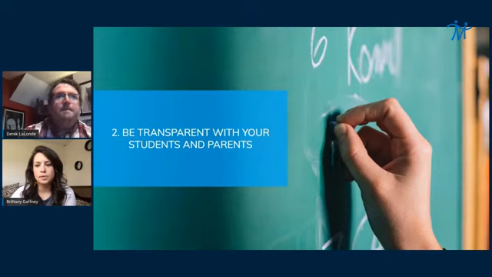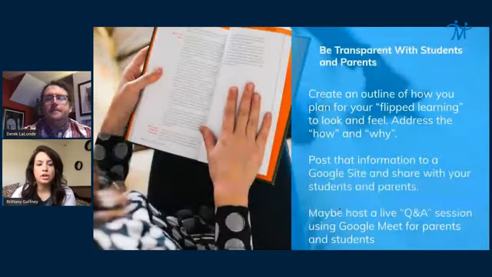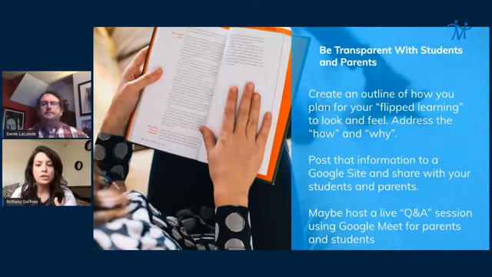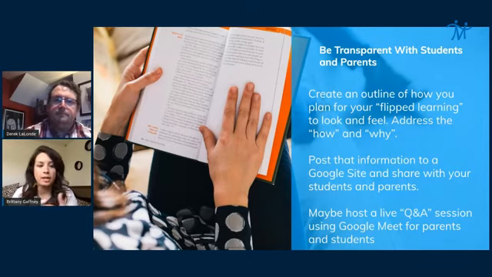Some ways to do that is to create an outline like we did, stating your how and your why. Why are we doing this? But also describing how this will look, or how you expect it to look. It's probably going to morph day to day until you get into the groove, but maybe set some goals of how you wish or want it to look.